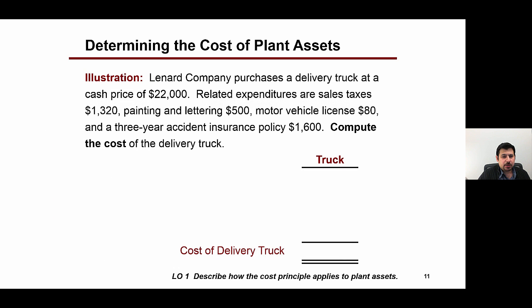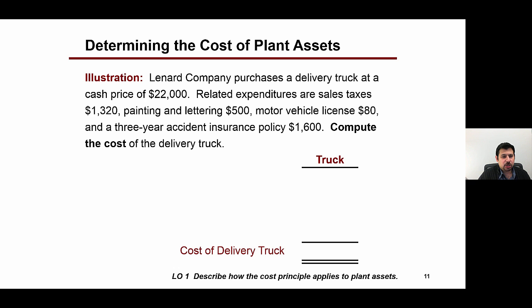Let's see how a truck cost is calculated. Leonard Company purchases a delivery truck at a cash price of $22,000. Related expenditures are sales taxes, $1,320, painting and lettering, $500, motor vehicle license, $80, and a 3-year accident insurance policy for $1,600.